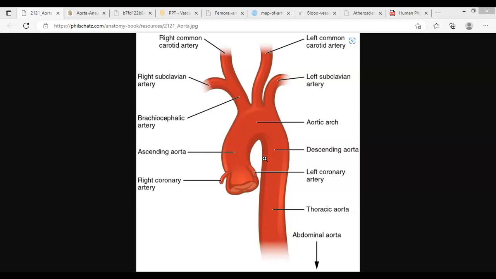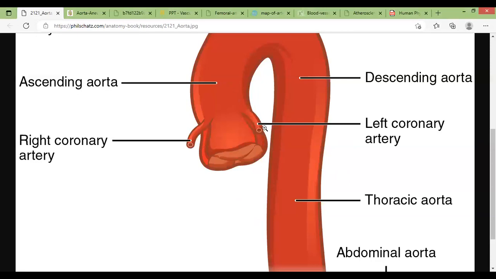So let's look at the aorta. The aorta is the main vessel where we pump oxygenated blood, and it supplies the entire body. You can see the coronary arteries here, just at the base of the aorta.